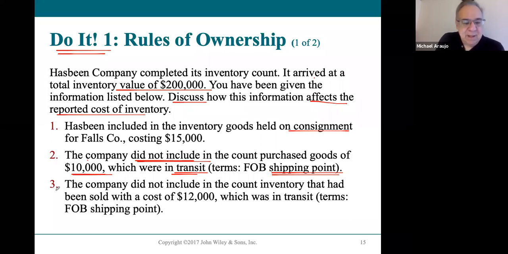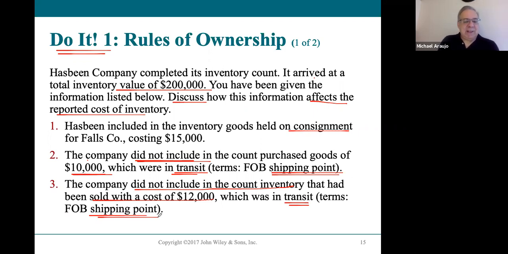And the third issue here is the company did not include inventory that had been sold, of $12,000, which was in transit, FOB shipping point. FOB shipping point means that the ownership of those goods transferred at shipping.